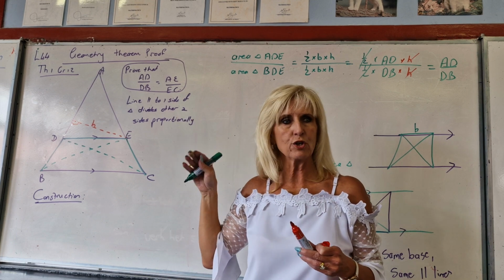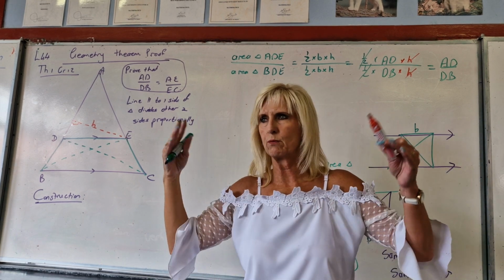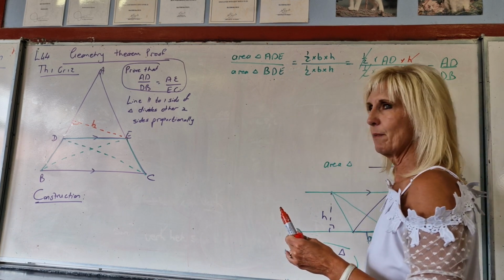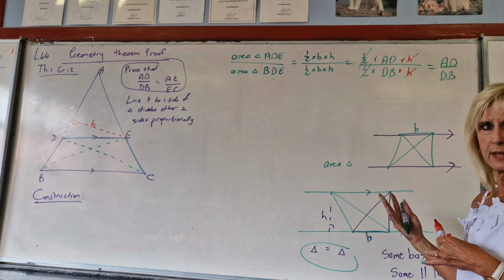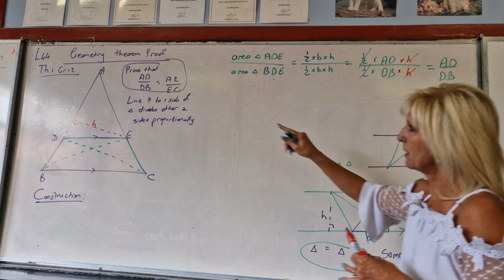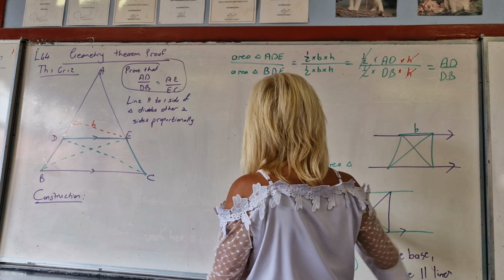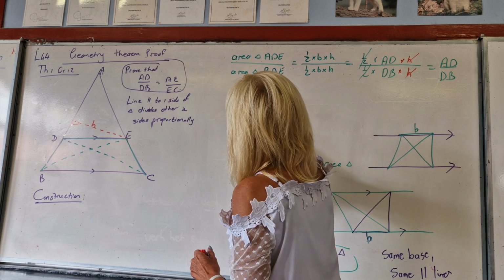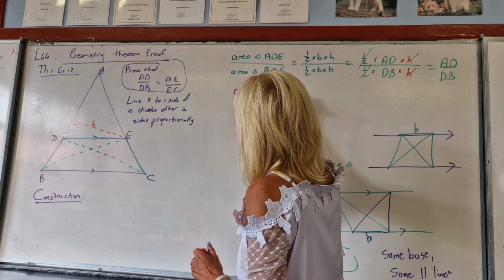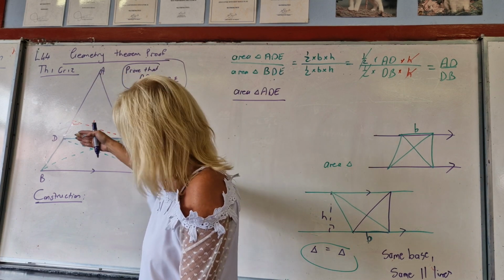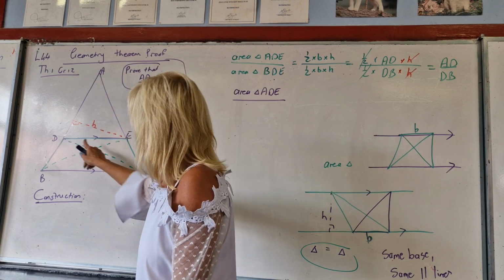Everything is legal, but you've got to know where you're aiming. Otherwise, what do you want to do? So you did that so that you could get there. But then, where's the rest of it? So for the rest of it, to find AE over EC, you put the area of triangle ADE, again, the big triangle, over this time DEC.